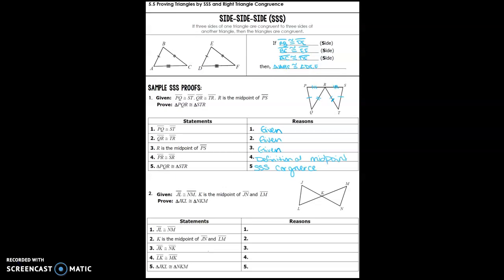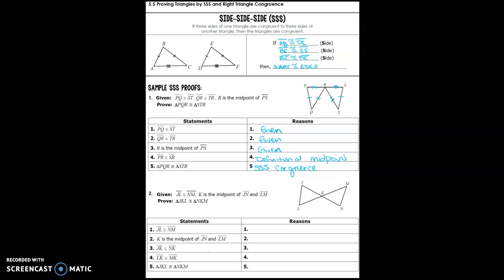And because all of our sides are congruent, the two triangles are congruent because of the SSS congruence theorem. Side, side, side.